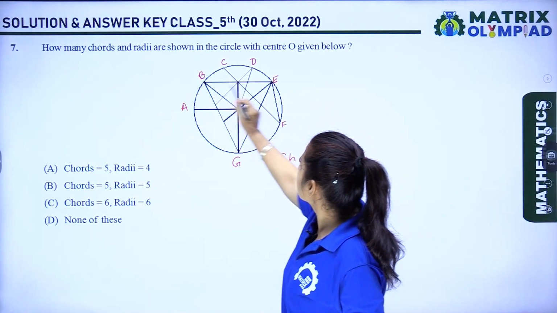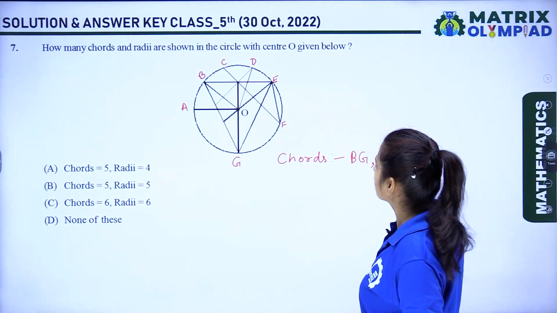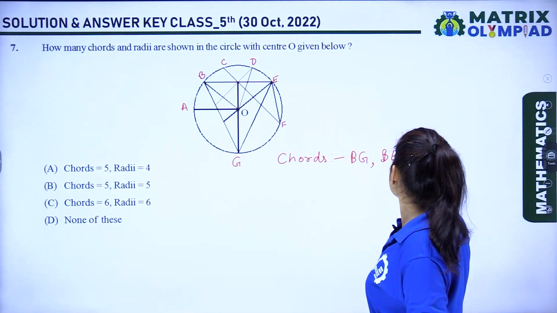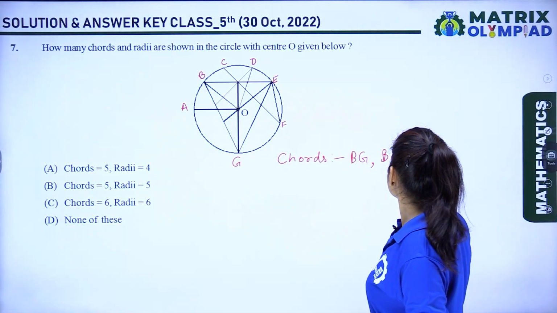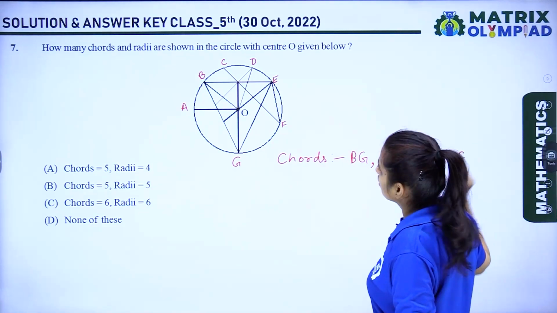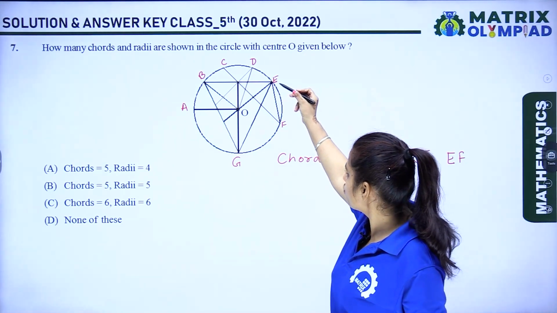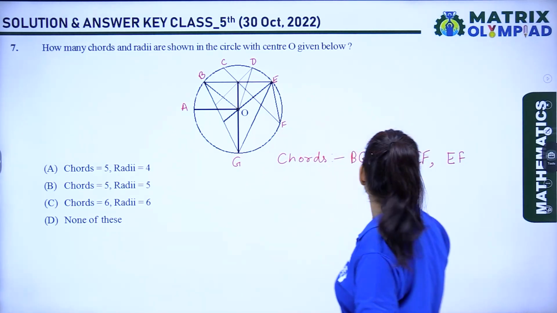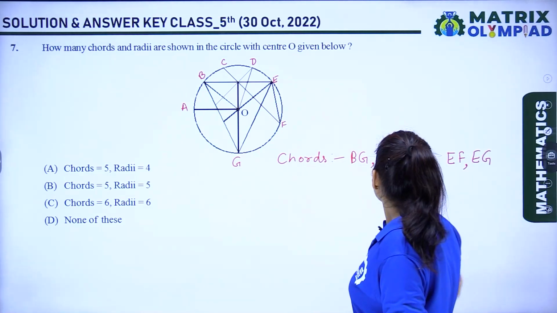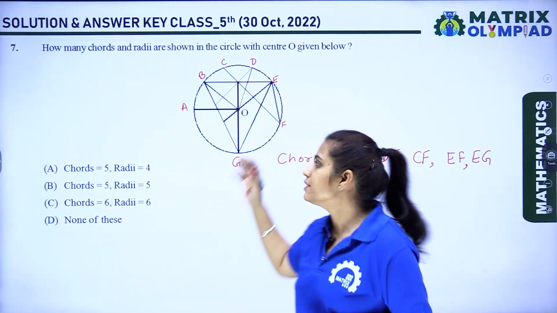Next one is BE. Next is CF. EF. And the last one is EG. One, two, three, four, 5. So we have 5 chords in this given figure.